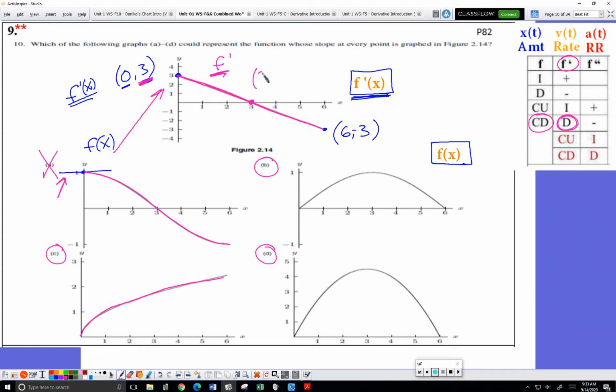That's x equal 3, y equals 0 on the graph of f prime, which means on the graph of f at x equal 3, I should find a tangent slope of 0. So here, that's not going to work. At x equal 3, this tangent slope is not 0.